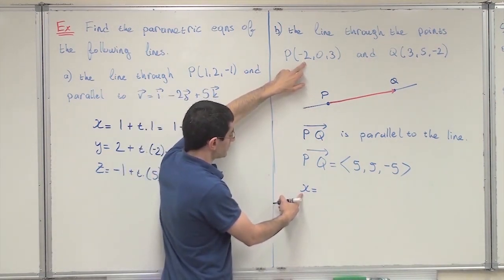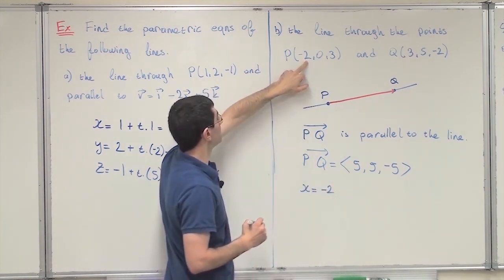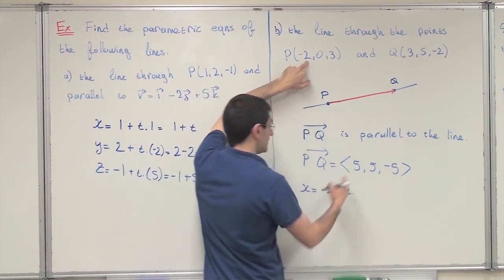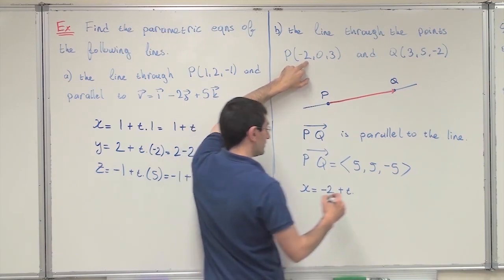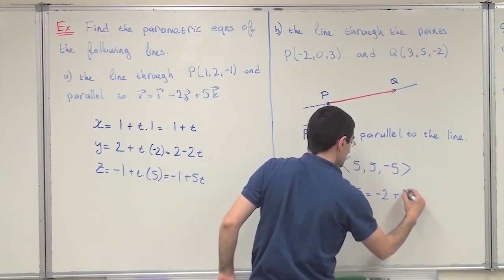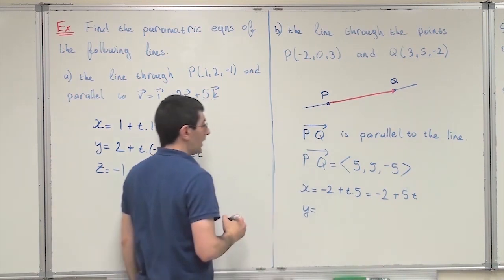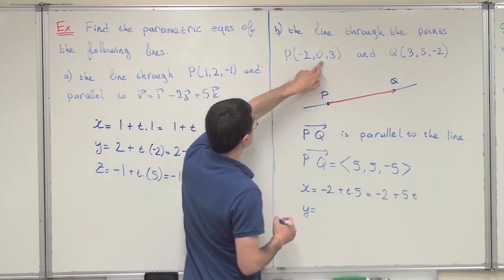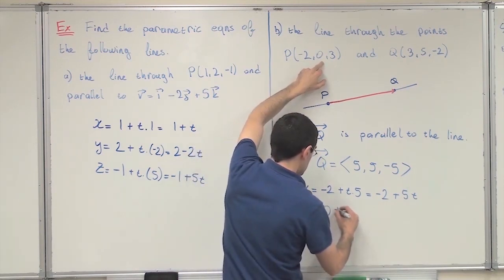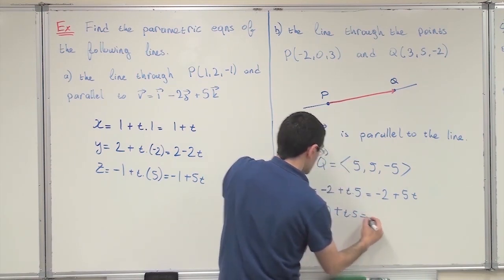Then the equation of x is going to be negative 2, so the x component of the point P, plus t times the x component of the vector PQ, 5. In other words, minus 2 plus 5t. Now the equation of y is the second component of the point P, which is 0, plus t times 5.